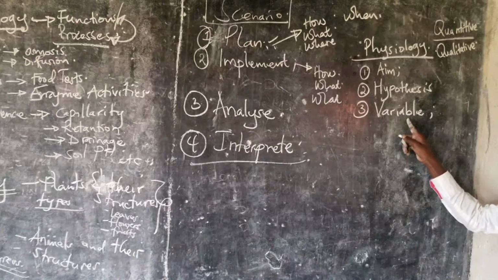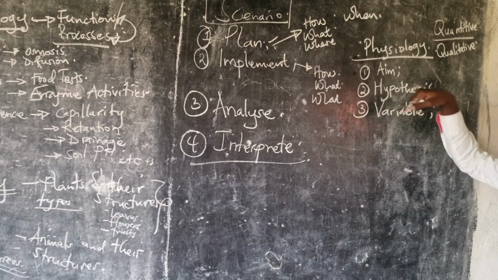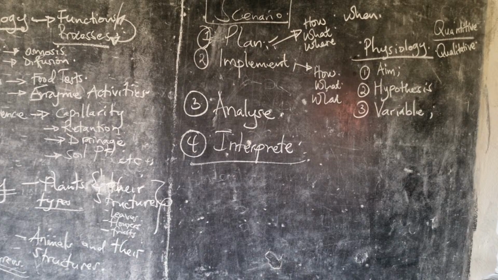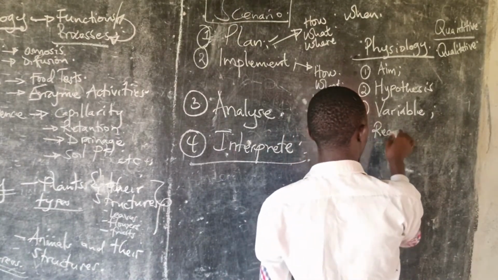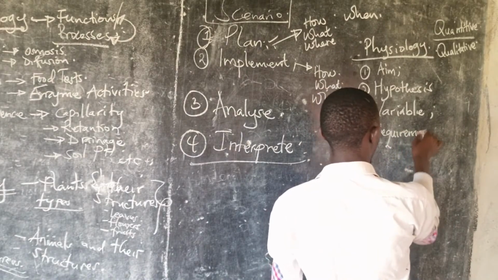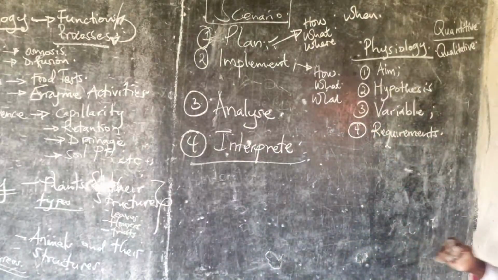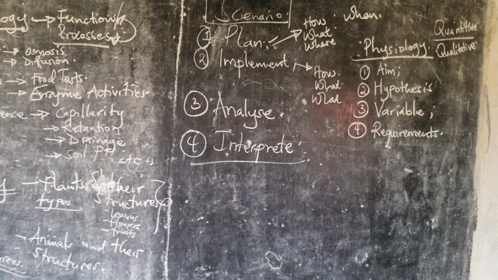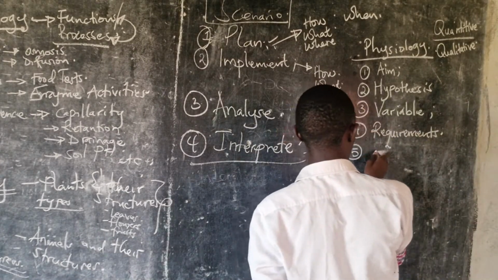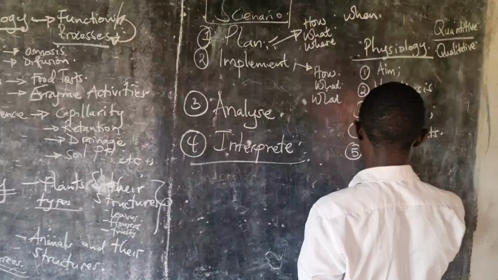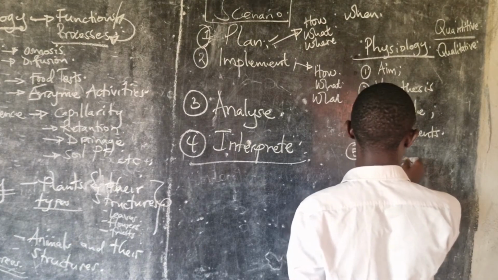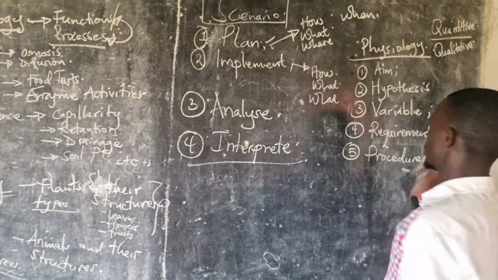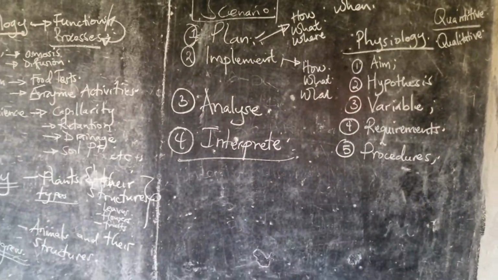One should be able to state the variables he or she is to follow when carrying out the experiment, the requirements he or she is to use, and the procedures to be followed when carrying out the experiment.